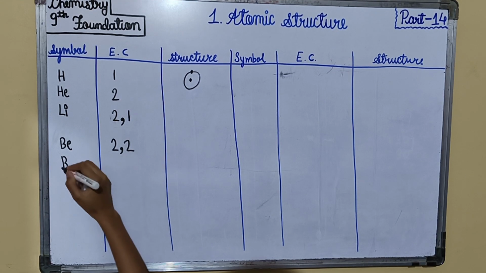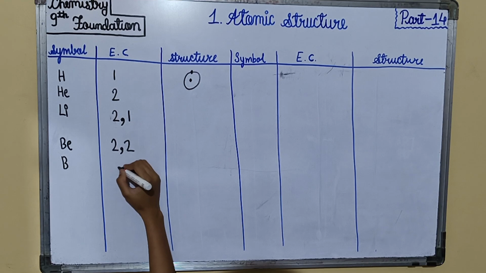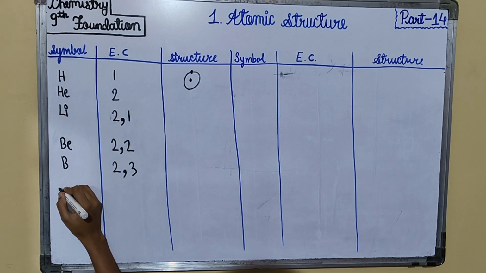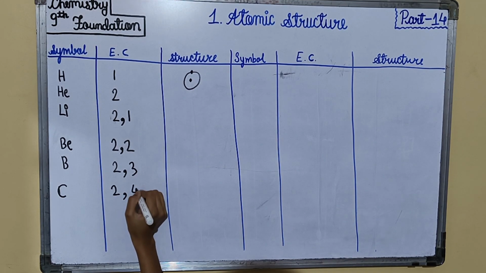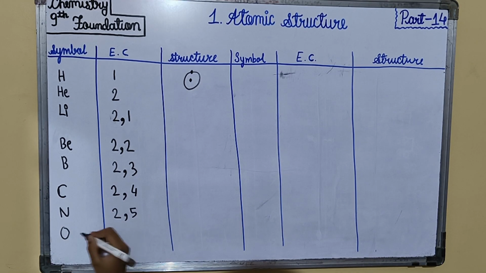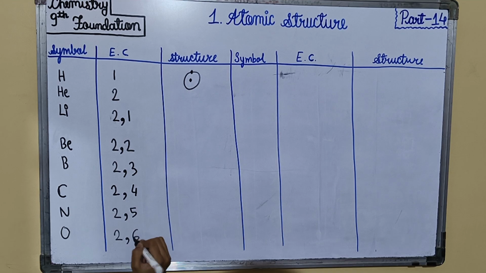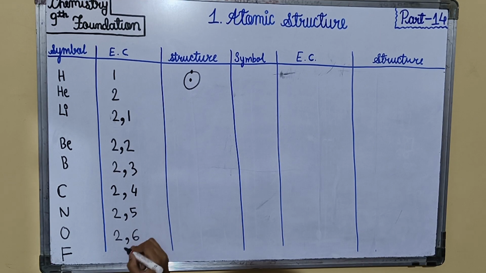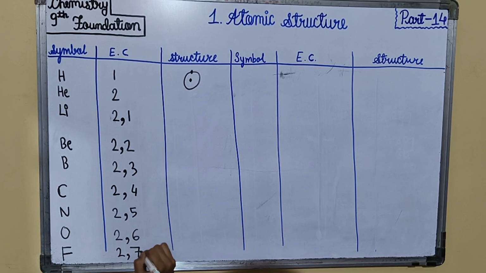Boron is 2 comma 3. Then carbon is 2 comma 4. Nitrogen is 2 comma 5. Oxygen is 2 comma 6, and fluorine is 2 comma 7.